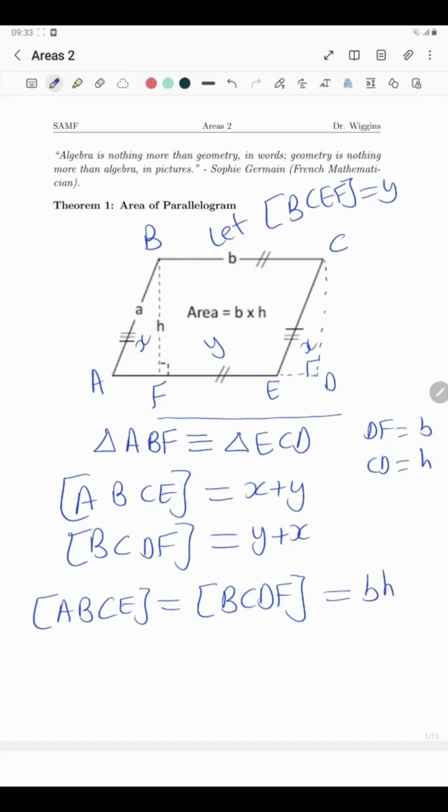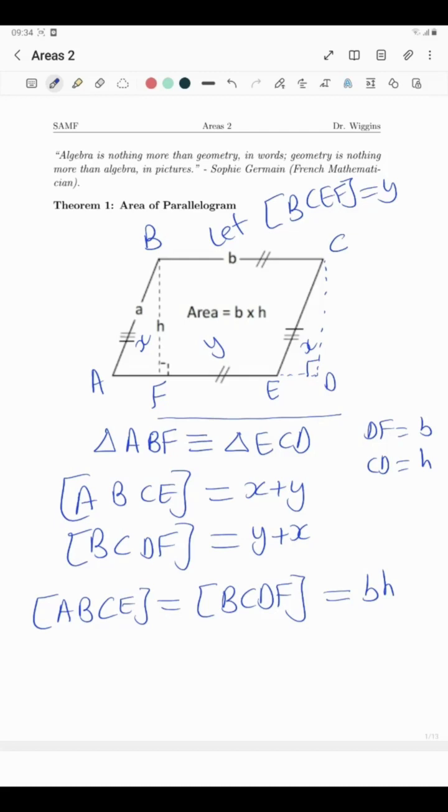Here you have a short proof of why the area of a parallelogram is base times height. So remember, every rectangle is a parallelogram, but not every parallelogram is a rectangle. And here we have our first theorem, our first weapon for the problems that we are going to tackle in this video: the formula for the area of a parallelogram.